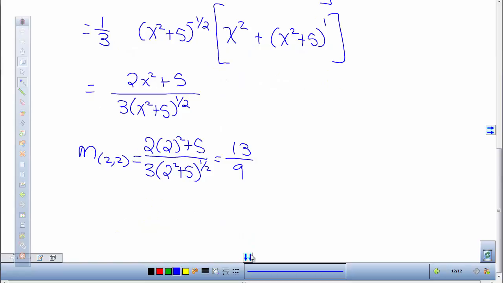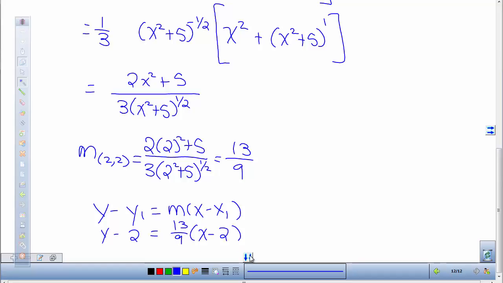And now what do I do to get the equation of the line? Point slope formula. y minus y1 equals m times x minus x1. Okay, y minus 2 equals 13 ninths times x minus 2.